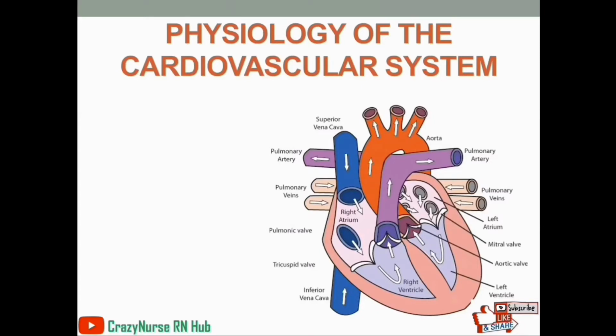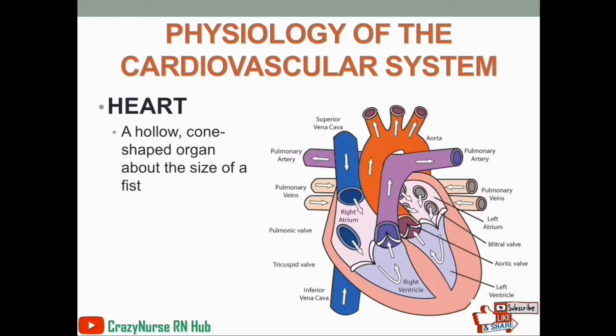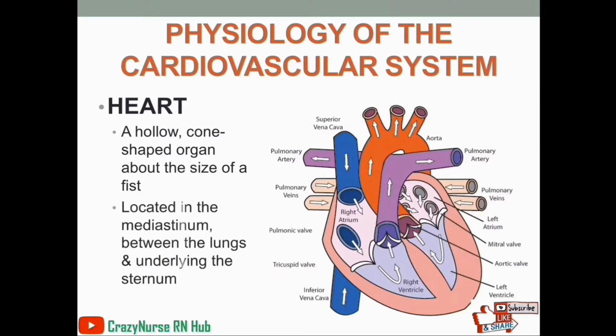Now let's define what a heart is. A heart is a hollow cone-shaped organ about the size of a fist, located in the mediastinum between the lungs and underlying the sternum. Here we have the structures of your heart. We have your superior and inferior vena cava, then your right atrium, then your tricuspid valve and your right ventricle.